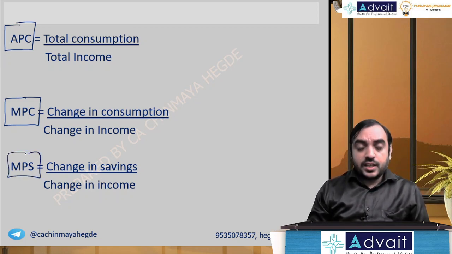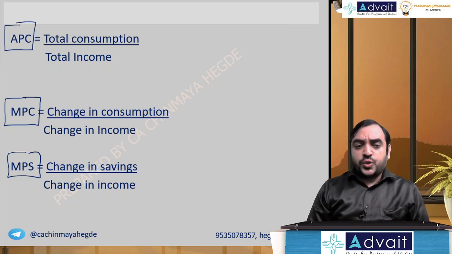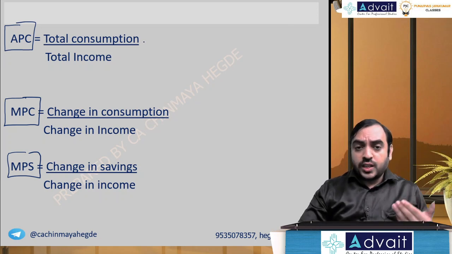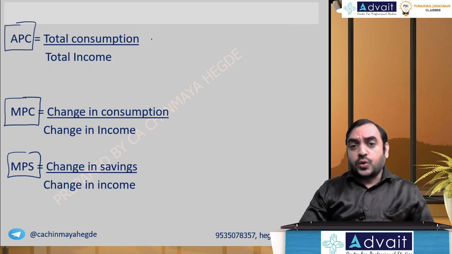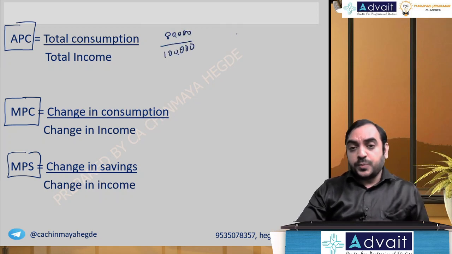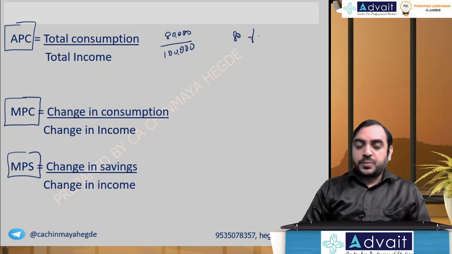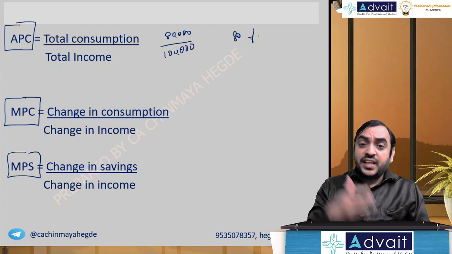MPS, marginal propensity to save. Now, what is average propensity to consume? What is my total income and what is my total consumption? My expenses are 80,000. My total income is 1 lakh, which means I will spend 80% of my income towards expenses. That is my average propensity to consume.